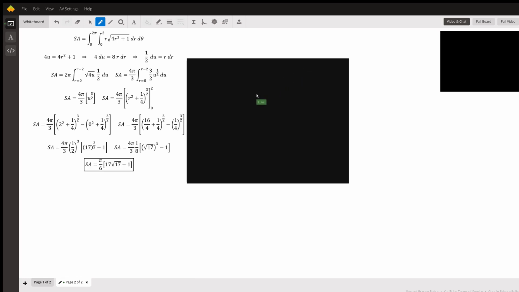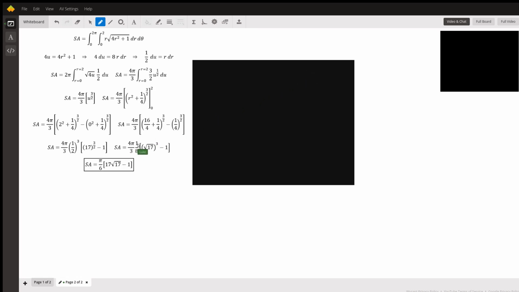And we cube it, it turns into a 1/8. The inside terms, 16 plus 1, turn into a 17. The square root of 17 cubed minus 1 then simplifies to, with also simplifying the outside, pi over 6 times the quantity 17 times the square root of 17 minus 1.